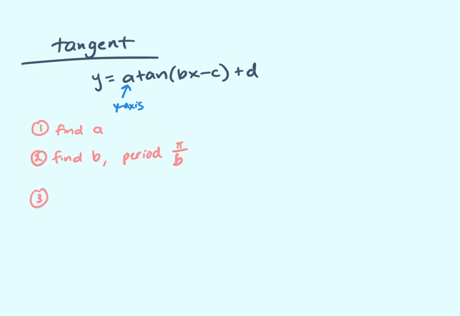Then take what's next to your tangent. So you're going to take the bx minus c, set it equal to negative pi over 2, and set it equal to positive pi over 2. And those are going to be your middle two asymptotes. So you're going to solve for x. And those are the middle two asymptotes as you look from left to right.